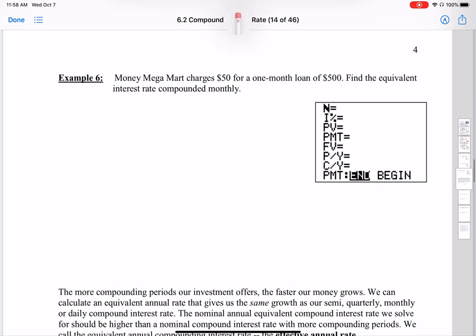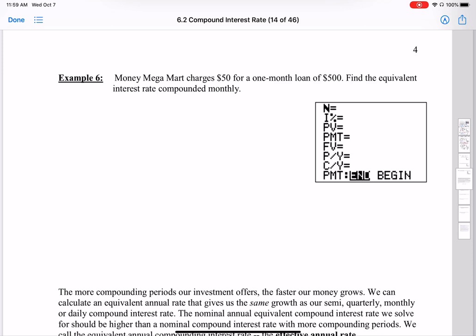So we've all seen those signs around town that offer to give you a payday loan, like get up to a $500 payday loan for a $20 charge. And the question is, how much interest are these payday loans actually charging the people that they loan money to?